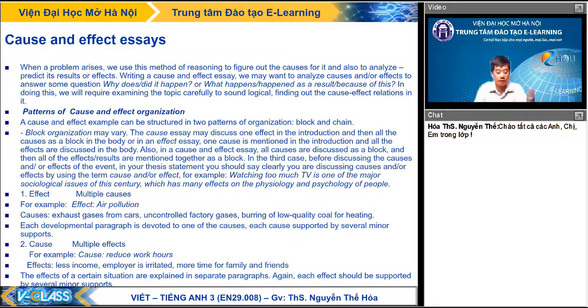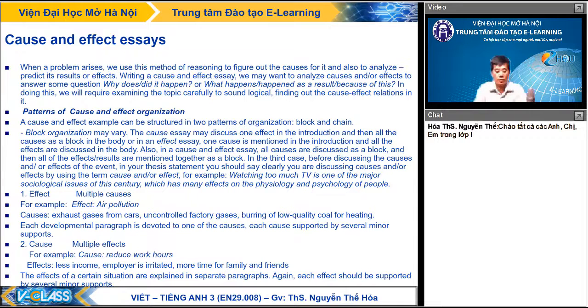And now we have a look at the first pattern, which is called a block pattern. You may mention something about the effect first, and then you may mention the multiple causes, a lot of causes. It means that from one effect, you have different causes.